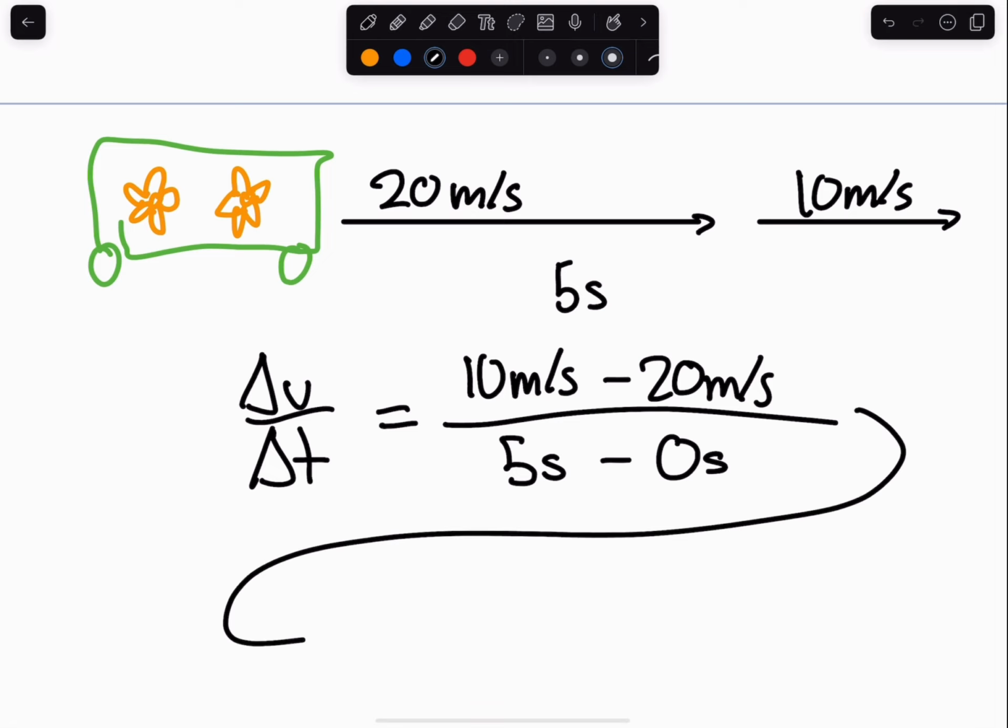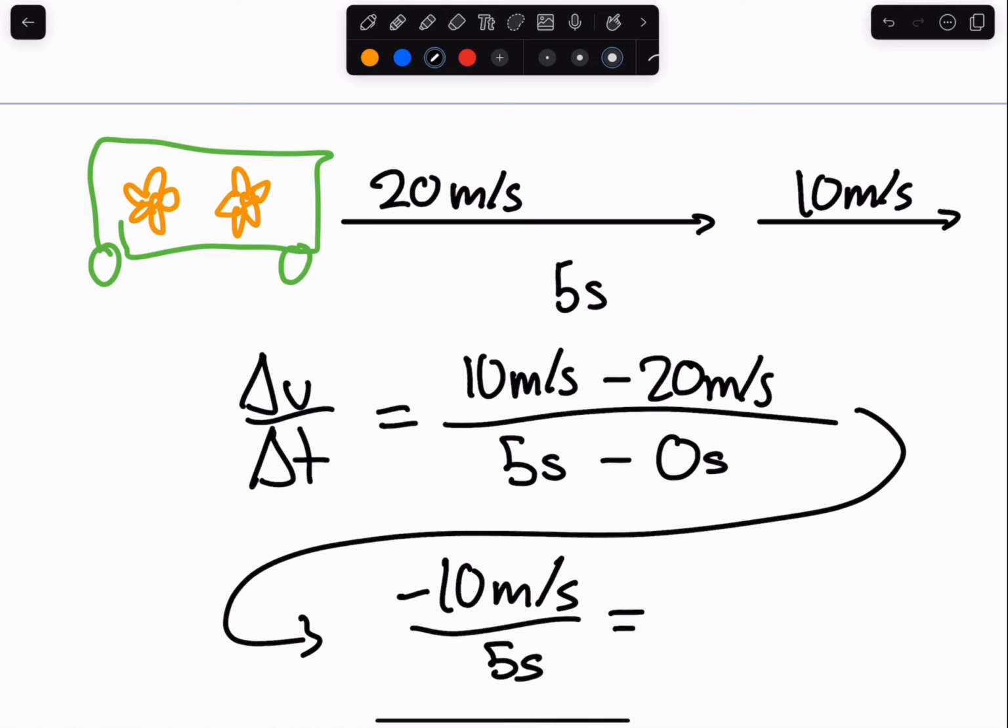This then turns into negative 10 meters per second over 5 seconds, which then simplifies into negative 2 meters per second squared. This means our average acceleration for the Mystery Machine braking is negative 2 meters per second squared.